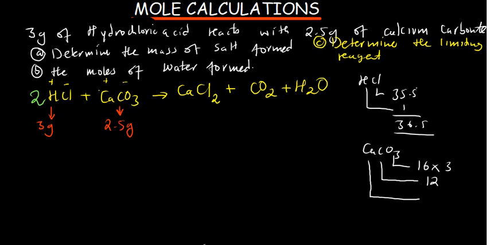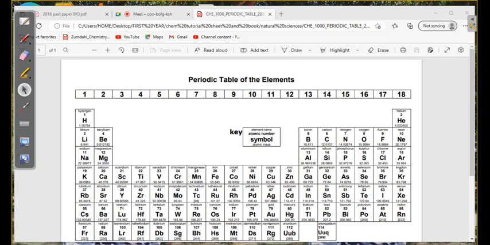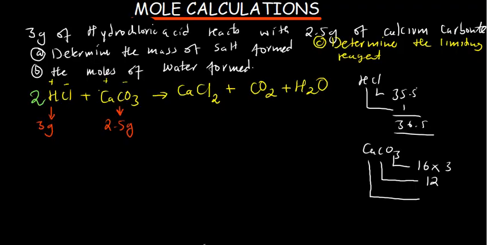Let me just confirm that. Okay, that is 40. So what we are doing is first 16 multiplied by 3, which is 48. And then we are adding 48 plus 12 plus 40. And that is 100.